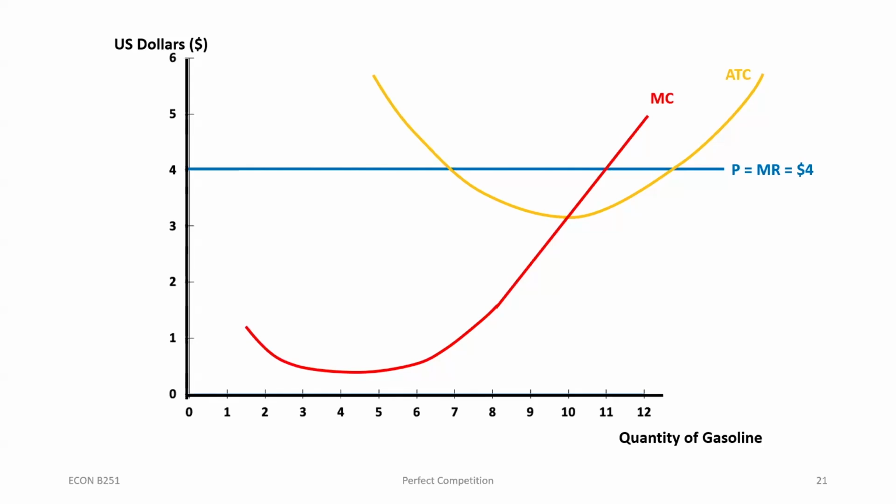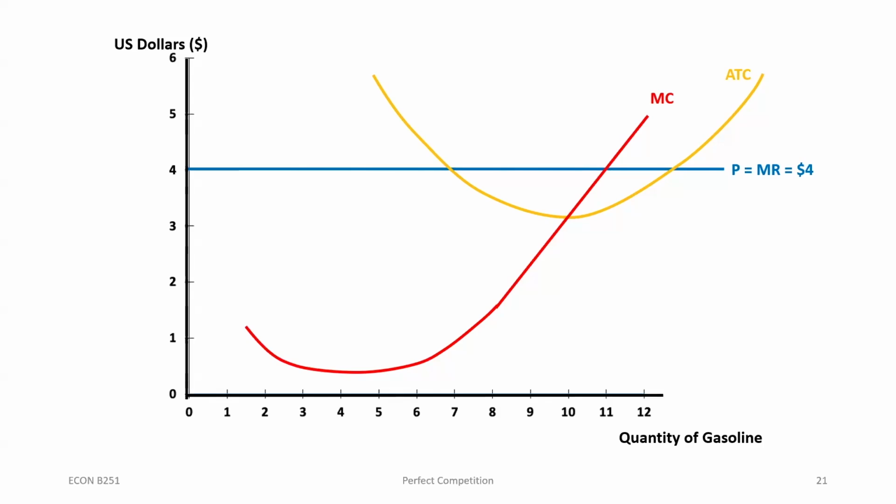So not to muddy up this graph too much, I'm then going to look at one more thing. We started out here with positive profits, right? Price was above my average total cost, right? So we knew profits were positive here. Okay? Let's think about if we had a similar depiction, but I want to think about how changes in the market would then change things.